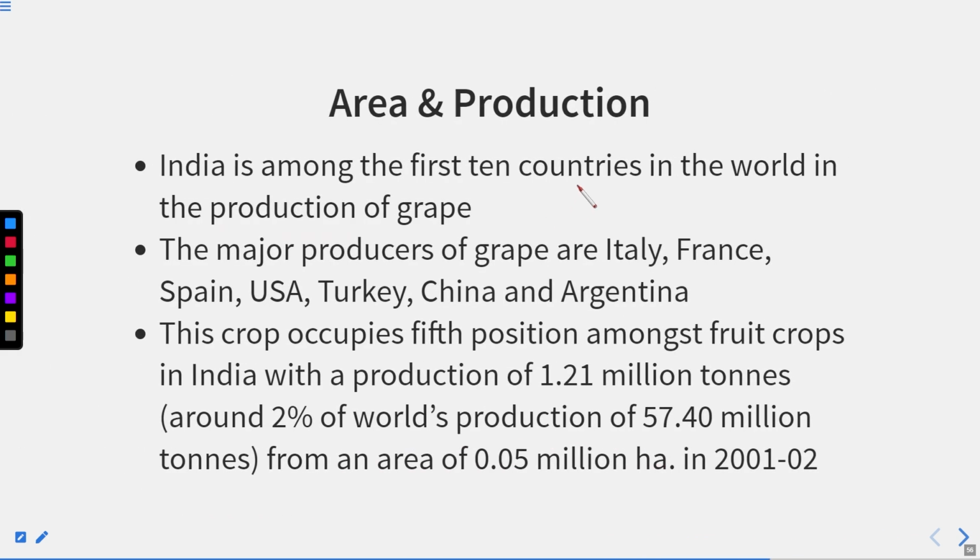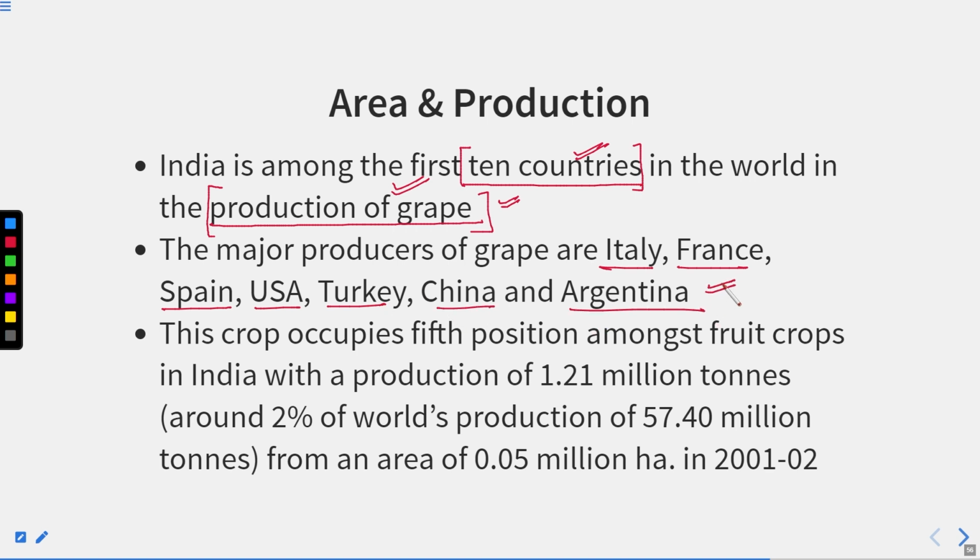Now, India is among the first 10 countries in the world in the production of grapes. Though this fruit doesn't belong to our country, we are still one of the 10 countries that produce grapes. The major producers of grapes are Italy, France, Spain, USA, Turkey, China, and Argentina.